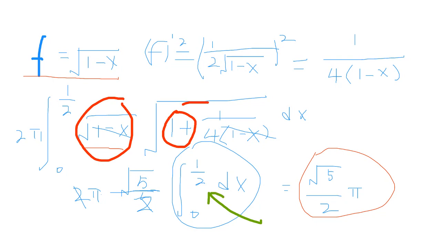My integrand, so this 1, I can change it to be 4 times 1 minus x plus 1. So I need to do 1 plus 4 times 1 minus x. I forgot this 1. That's my mistake.